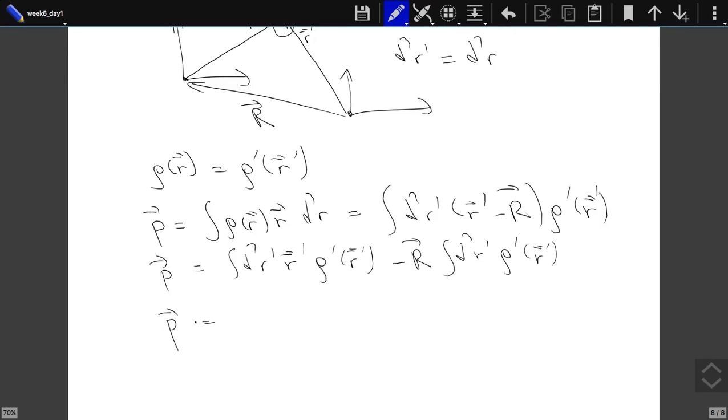So the dipole moment calculated with respect to one origin is equal to the dipole moment calculated with respect to the other origin, but there is a difference that is proportional to the separation between these two origins, how much I shifted my origin, multiplied by the total charge.